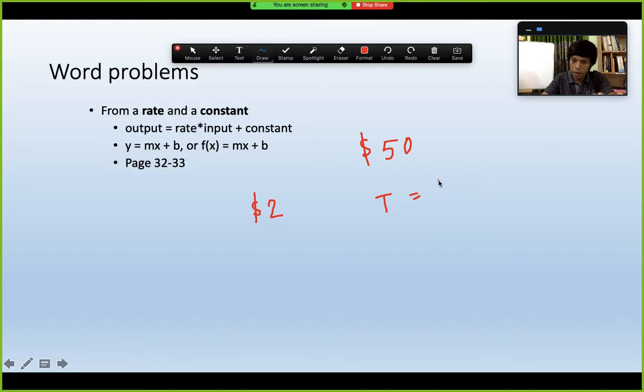You can say that I already have $50. Then add means you are depositing, you are gaining that money, $2 every week. For week you can write W here also, or some other alphabet, whatever you want. So this will be your linear model based on the situation that we set.